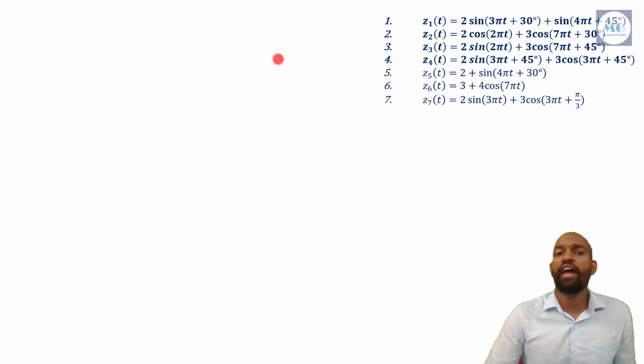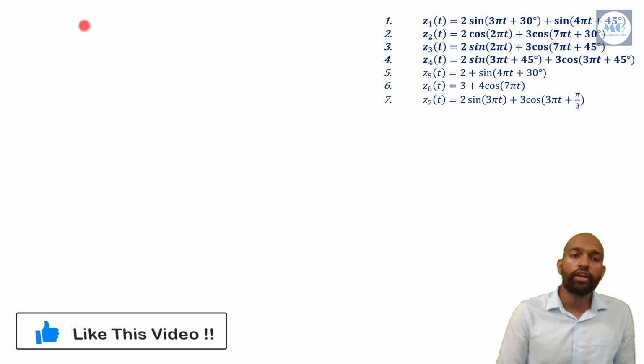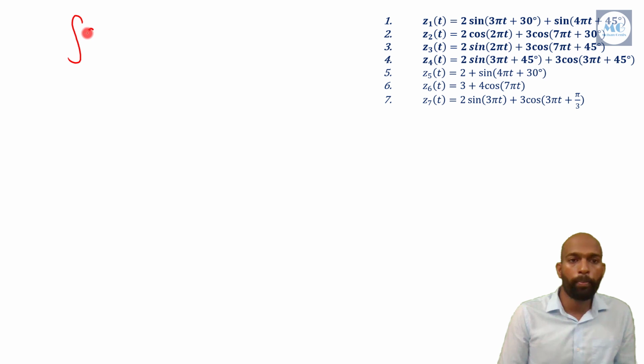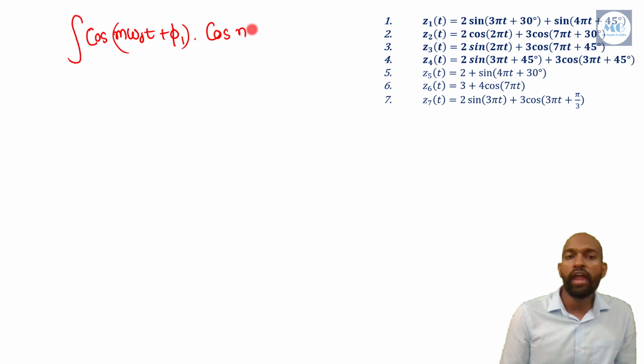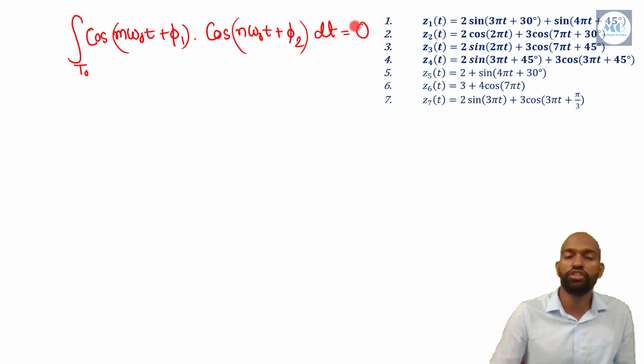Like the first question, I will tell you another formula for the second question. The second formula is the integration of cos(m omega naught t plus phi 1) into cos(n omega naught t plus phi 2) over its fundamental time period dt is equal to 0.